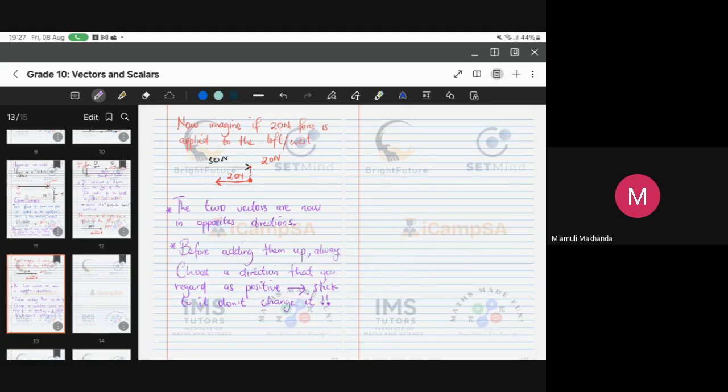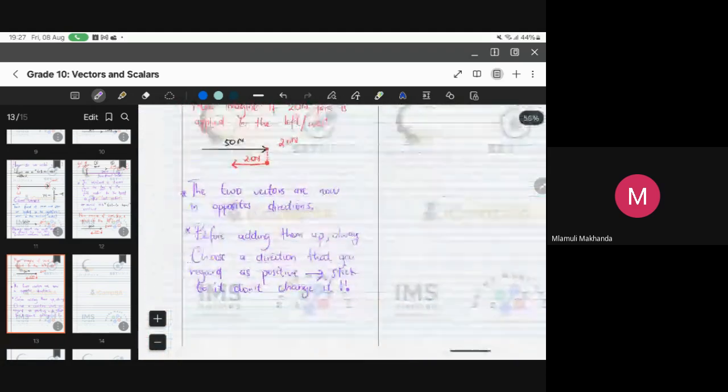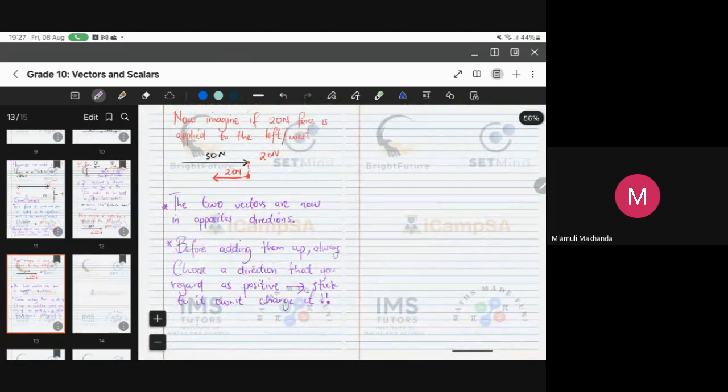So I'll choose its direction as positive so that when I add them up, I get a positive answer at the end. That's like saying if I have negative 20 and 50, and I want to choose which one is positive, I will choose the 50 as positive. Right. So let's say we choose 50 as positive. It doesn't affect anything. Even if we chose 20, it doesn't matter really.